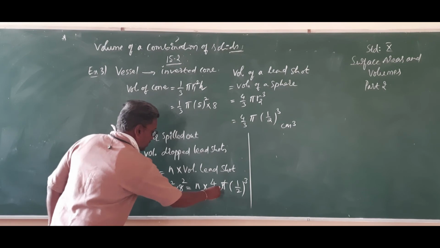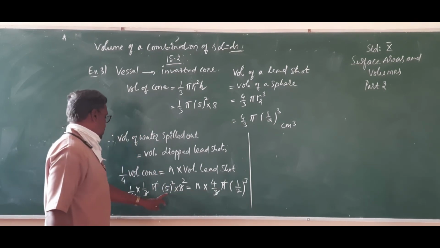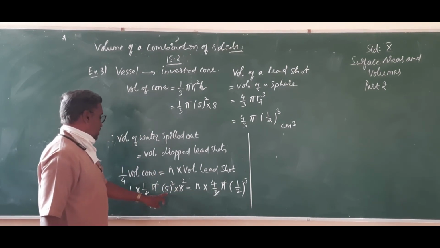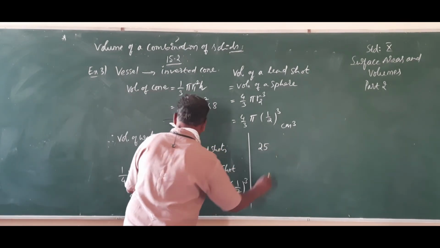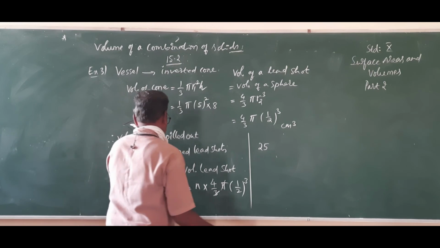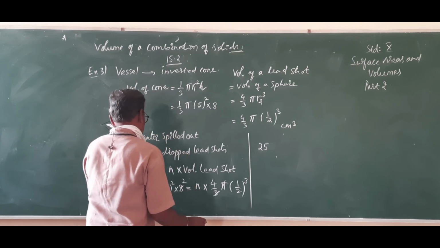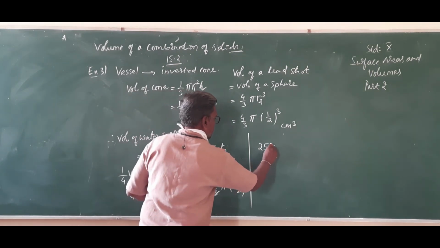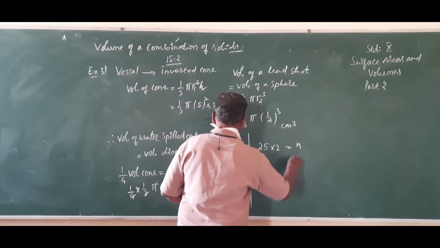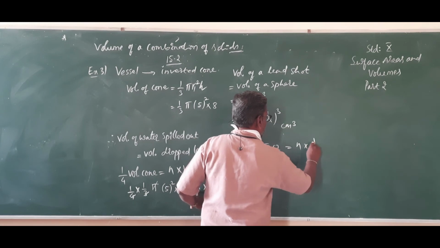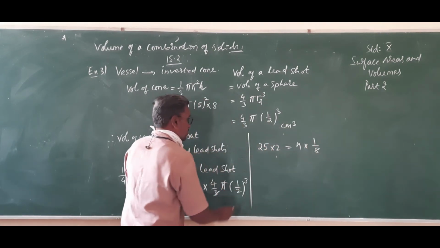So the remaining is 5 squared into 2, that is 25 into 2, equal to n into 1 by 8.